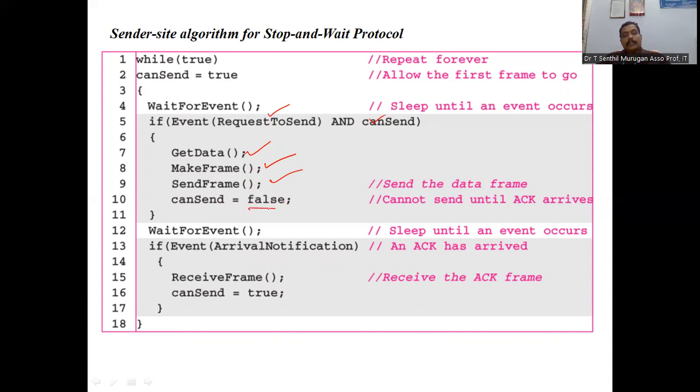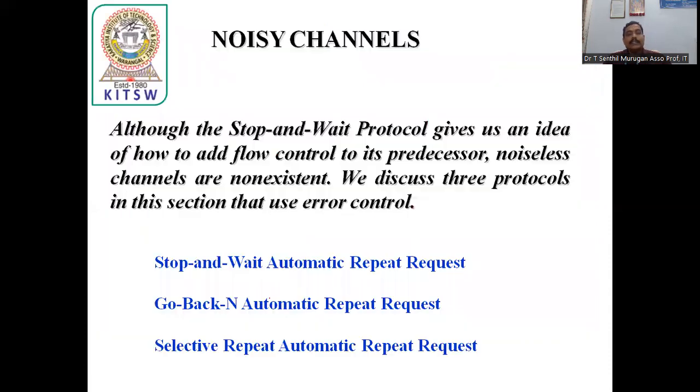After sending the frame, it makes canSend false, and it becomes true once it gets the acknowledgement. So on the arrival notification, once the acknowledgement is received, canSend will be true. That means the next packet is ready to transmit. This is the sender side. The receiver side just gets the frame and sends the acknowledgement.